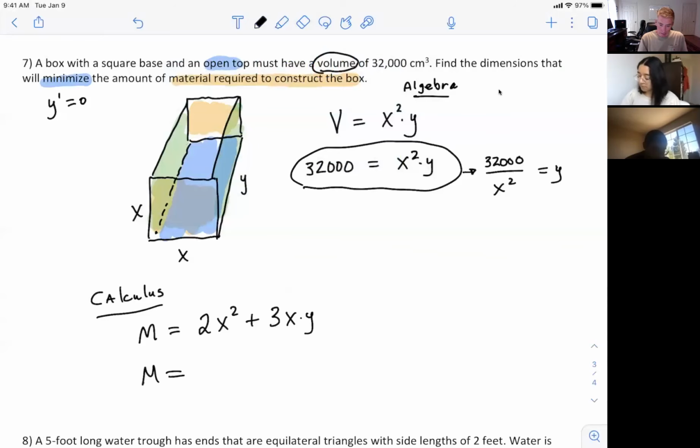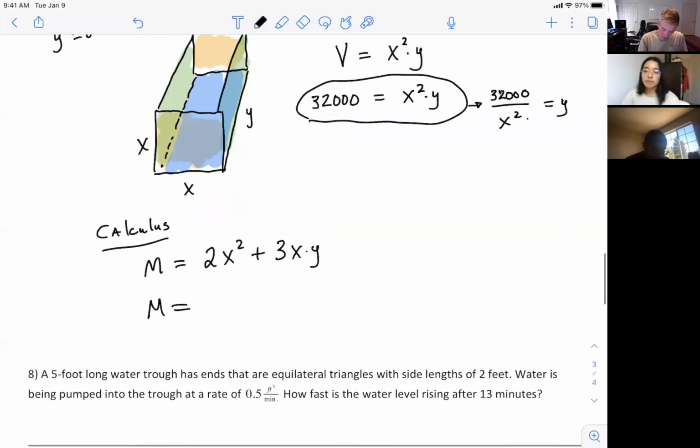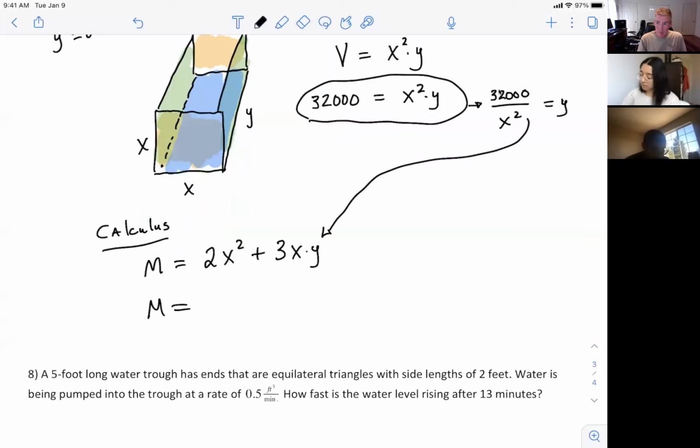So now going back to the calculus part, I'm going to take that and plug it in for this y right here. So 2x squared plus 3x times, and replace the y with 32,000 over x squared.